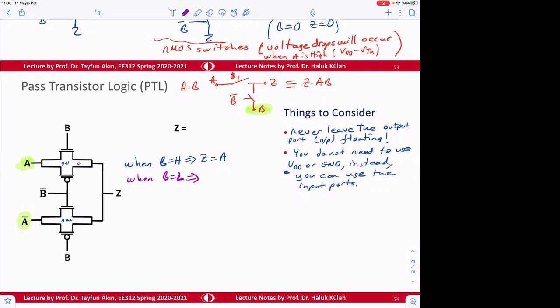I mean, this will be off, both of them, and this will be on. Therefore, Z is going to be equal to A bar. Okay. So why or what happens now? What is the logic here?